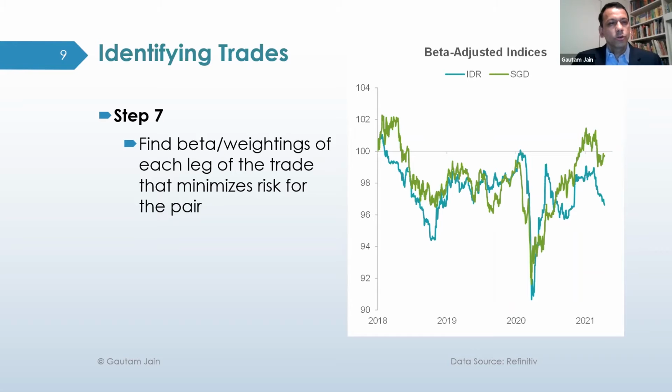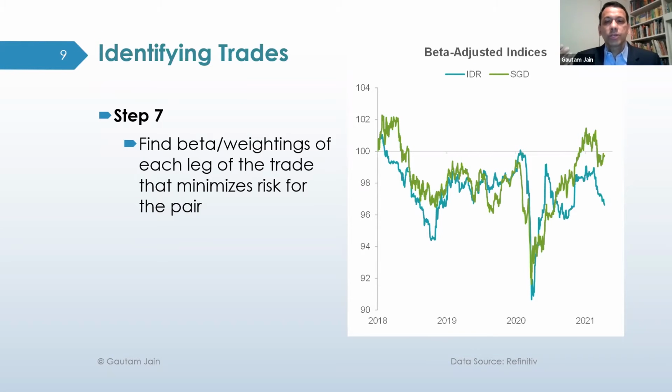Otherwise, even though you may be putting on a pair or a cross trade, each leg of the trade can behave on its own and therefore not really hedge against each other and not hedge against the main risk that you were hedging against, which was the dollar in the case of currency, or US rates in the case of any rate trade.